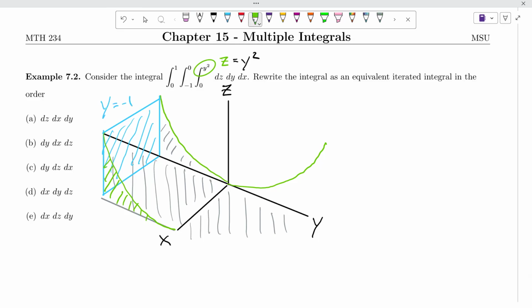I know that along this green line, I had Z equals Y squared. I really should apply to both, so I'll move it up a little bit. So I need my limits for X, but I can just look at that very last integral and see that they go from 0 to 1. Which means if I look at that point right there, it's got to be an X value of 1.